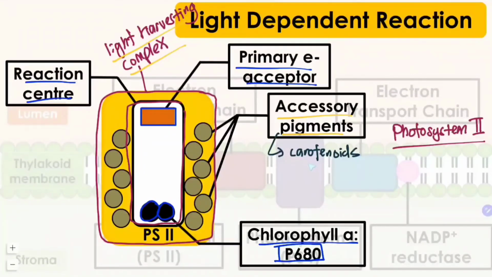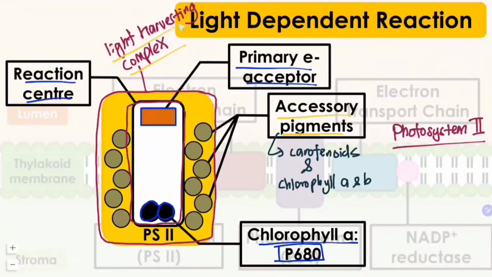and chlorophyll B. So overall, the photosystem will have two main components, which are the reaction center and the light harvesting complex. The reaction center can be divided into two more components, which are the primary electron acceptor and the reaction center chlorophyll A, a pair of chlorophyll A called P680.